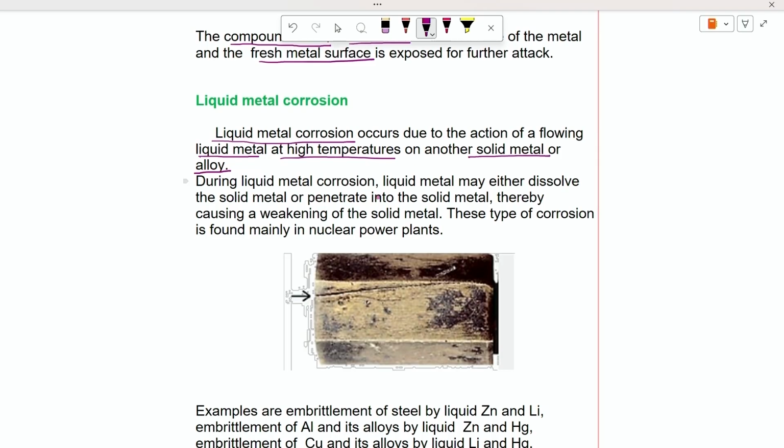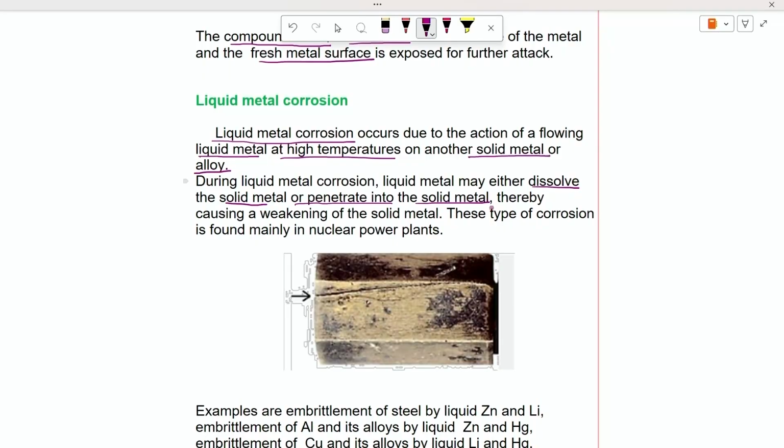During liquid metal corrosion, the liquid metal either dissolves in the solid metal or penetrates into the solid metal. Now, what happens when these two occur? The metal is in the form of a crystal lattice.